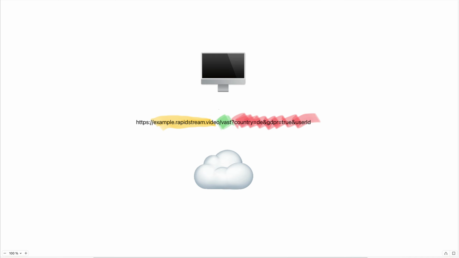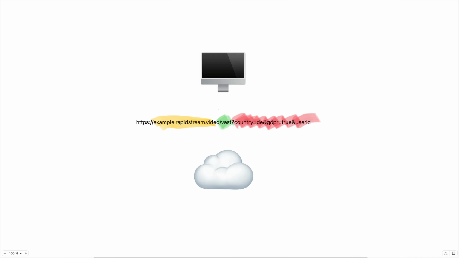And according to that match, we will decide which ad server should be used. And then we're transforming this client URL, and then we will transform this URL you see on the screen to a URL the ad server can handle.